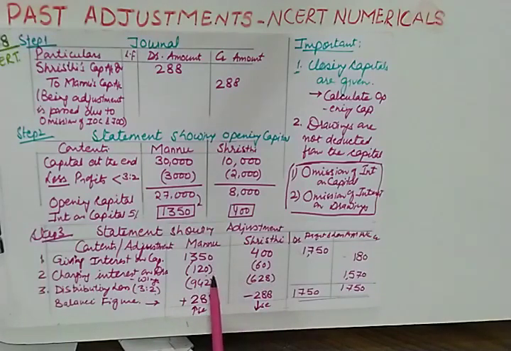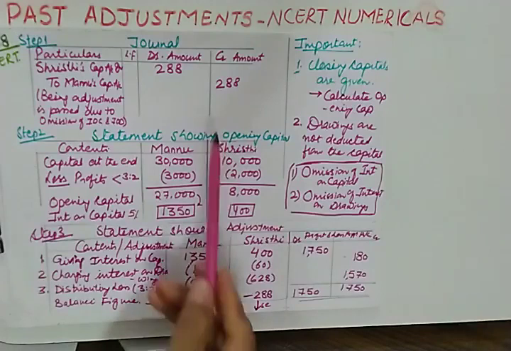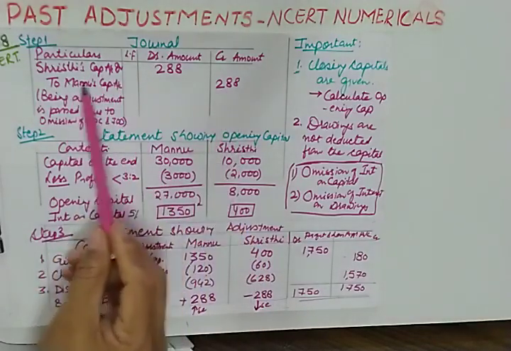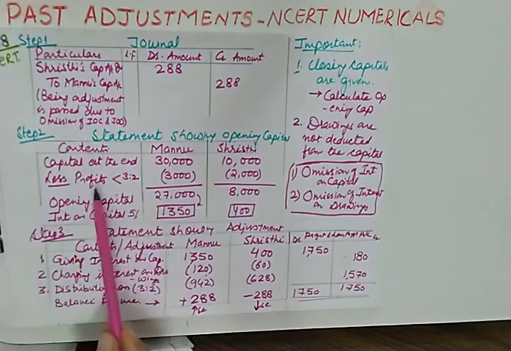And when you add these two and deduct these two from this, you will be able to get 288 as balancing figure and 288 as balancing figure in case of Srishti. Then the partner who has to pay or who is getting less will be debited, and the partner who will be getting needs to be credited. So this is the journal entry, Srishti's capital account debit to Manu's capital account.